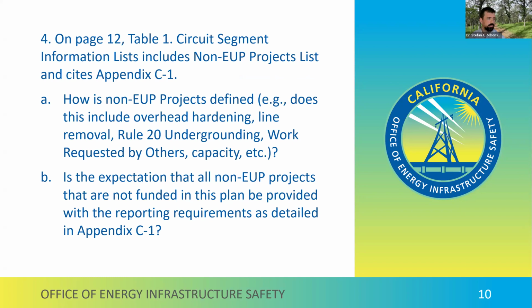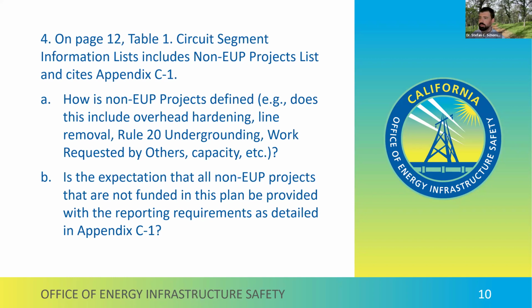So on page 12, table 1, circuit segment information lists includes non-EUP projects and cites the appendix. So what do we mean here by non-EUP projects? And is there an expectation that non-EUP projects not funded in this plan be reported in the detail of C1?